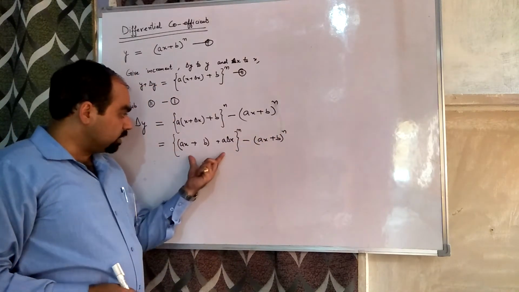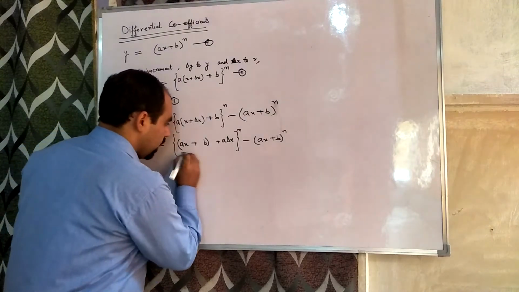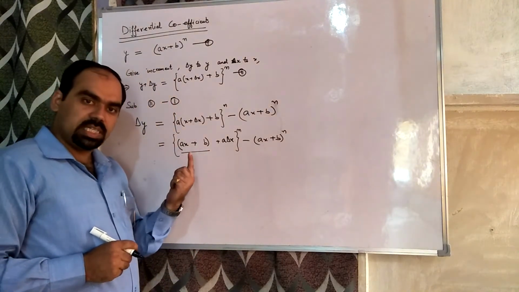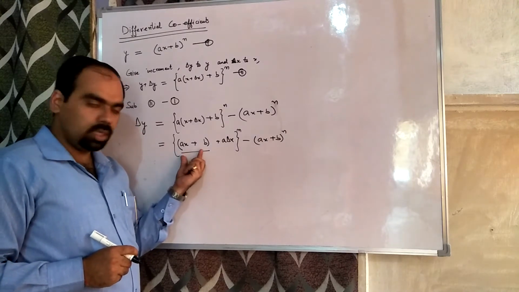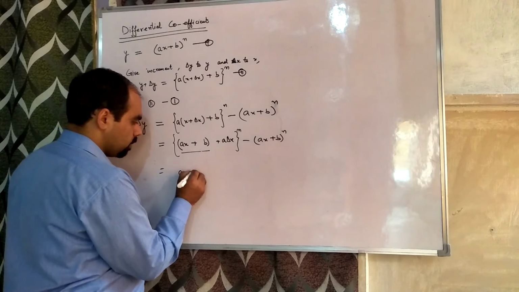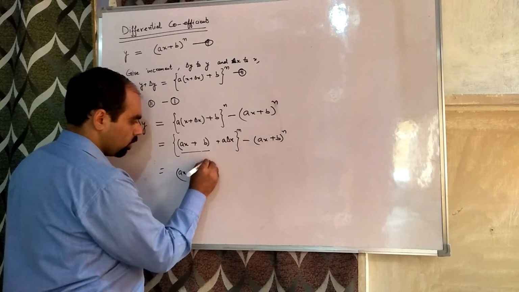Now in this term we can take ax plus b out. Consider ax plus b as a single term and take it out of the bracket.